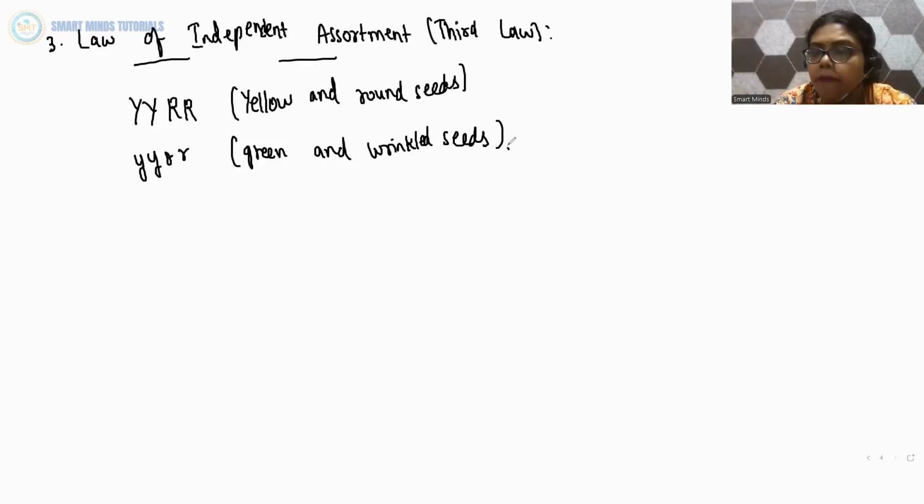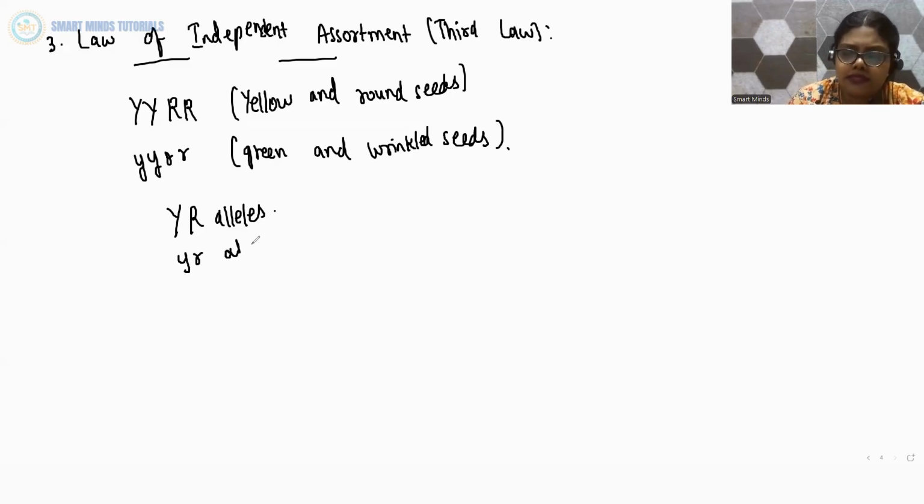Because each parent was homozygous, the law of segregation tells us that gametes made by the plants with yellow round seeds must have YR alleles, while the gametes made by the plants with green wrinkled seeds must have small y, small r alleles.